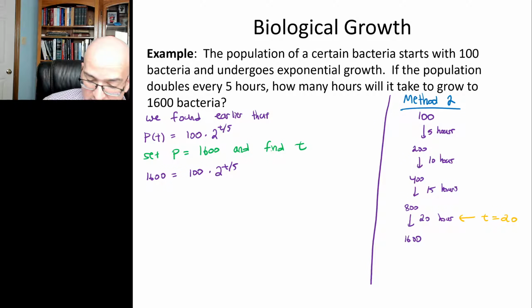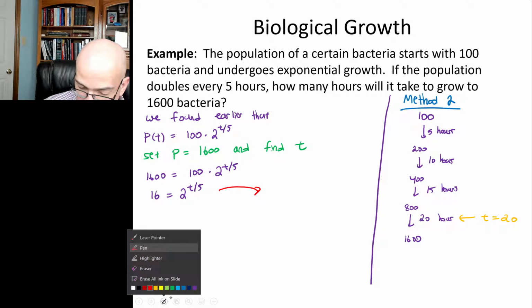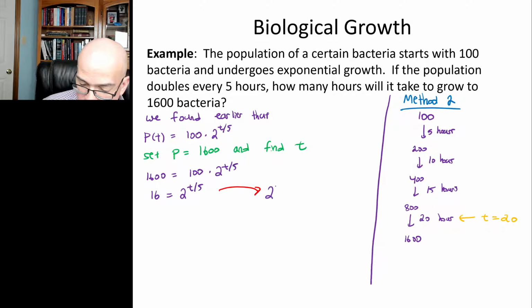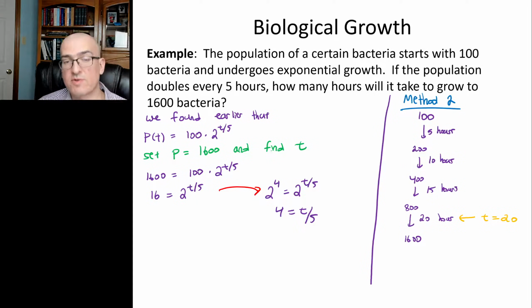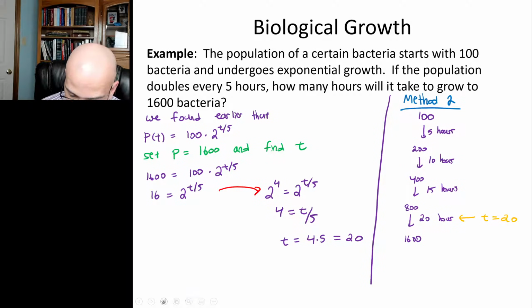Divide both sides by 100. So 16 is equal to 2 to the t over 5. And we have an easy way to do this. Replace 16 with 2 to a power. 2 to the power 4 is equal to 2 to the t over 5. So 4, the power on the left, has to equal t over 5, the power on the right. Multiply by 5, so t is equal to 4 times 5, which is 20. Same thing we got on the right hand side.